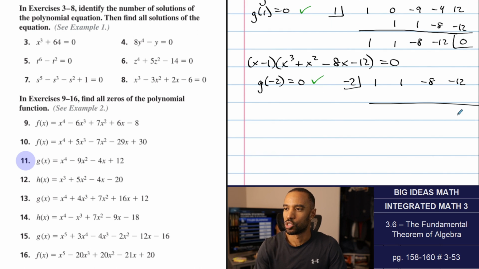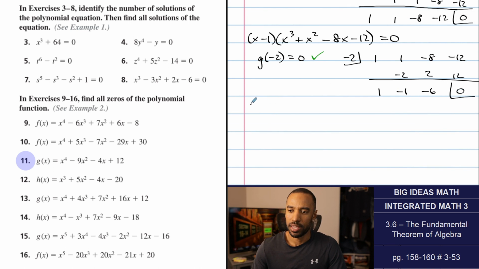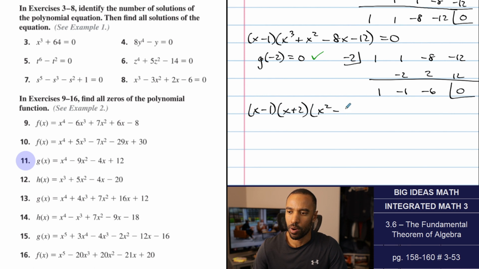Okay, so from here, we can go this. So from that, we get x minus 1 times x plus 2 times x squared minus x minus 6 equals 0. That last one is factorable into x minus 3 times x plus 2.